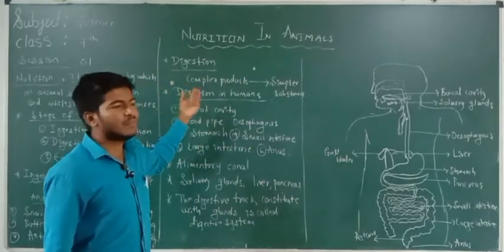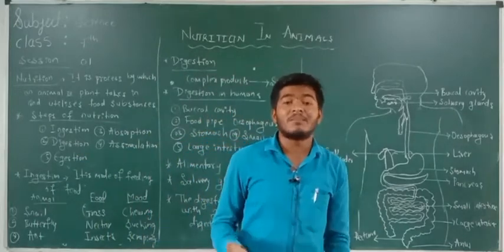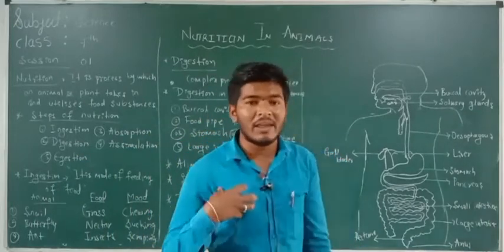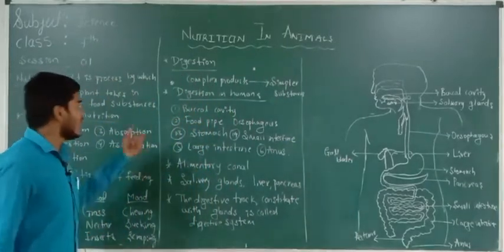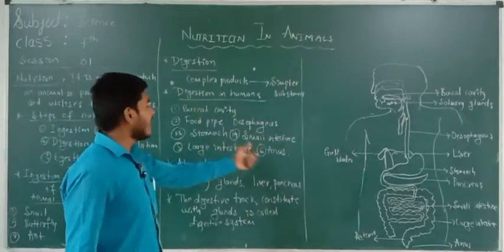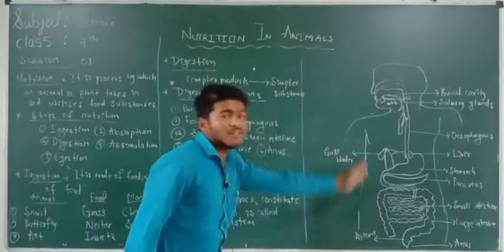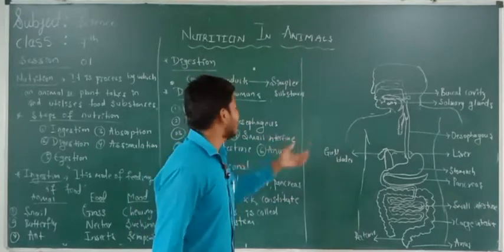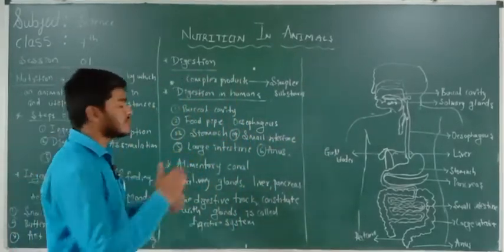So, digestion in humans. Now let us study how the digestion of food goes on in our body. Digestion in humans starts with the buccal cavity and ends with the anus. This is a long canal, and it is divided into some components.